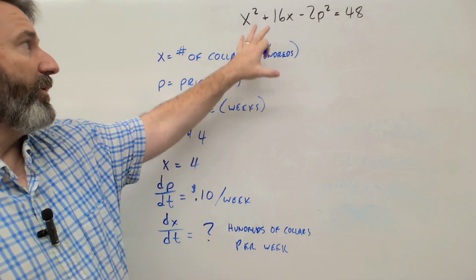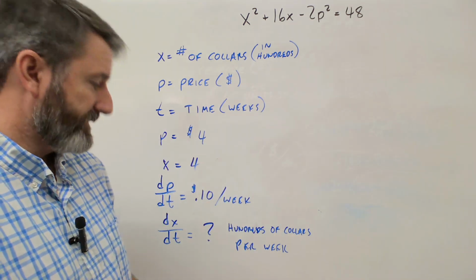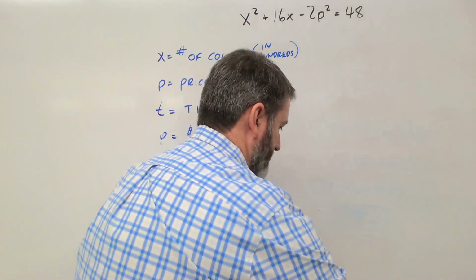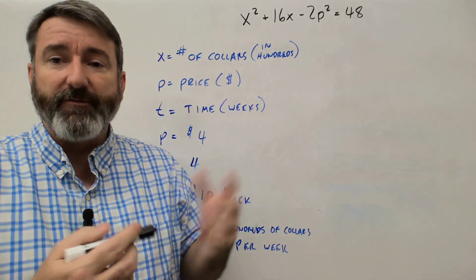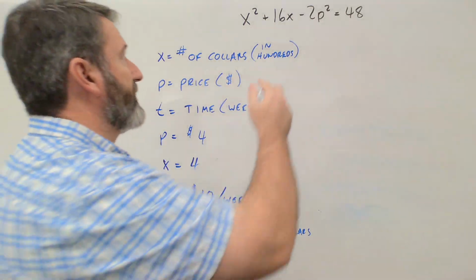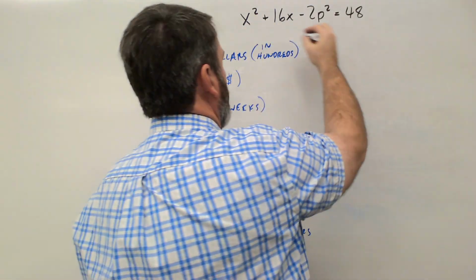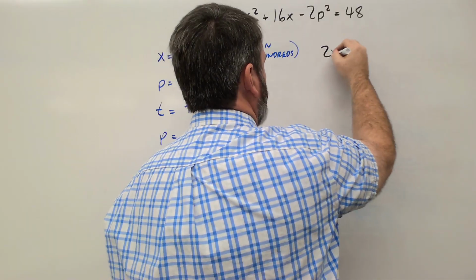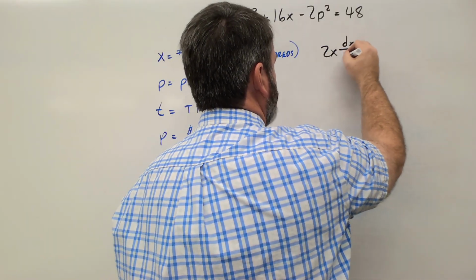Okay, so now let's take the derivative of everything with respect to time. So X squared is going to be 2X times dX over dt.